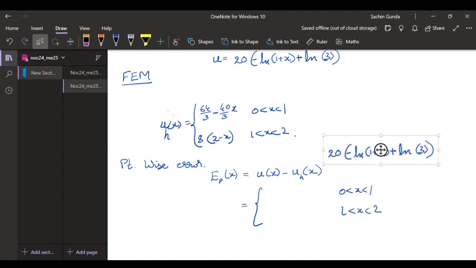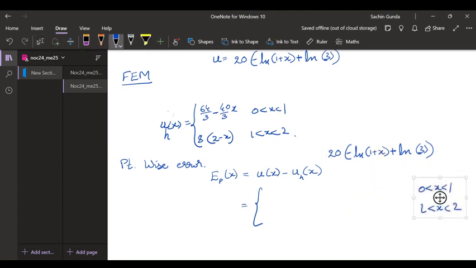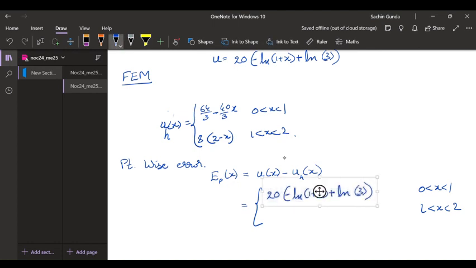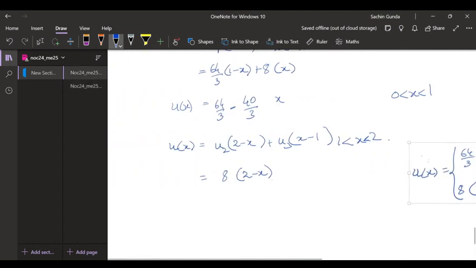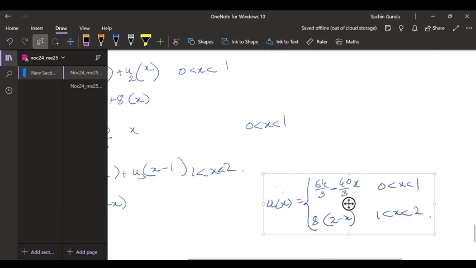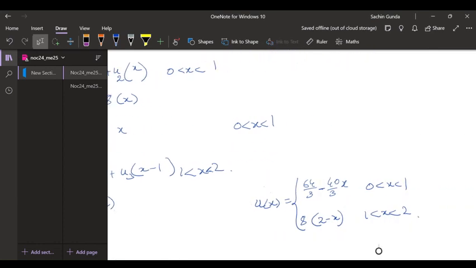And then minus 64 by 3 plus 40 x by 3. This is from the previous tutorial session.